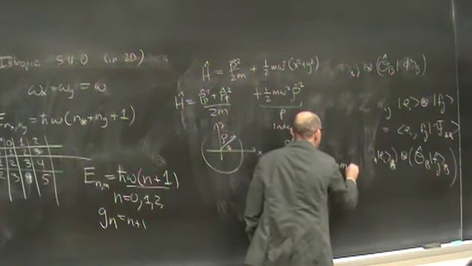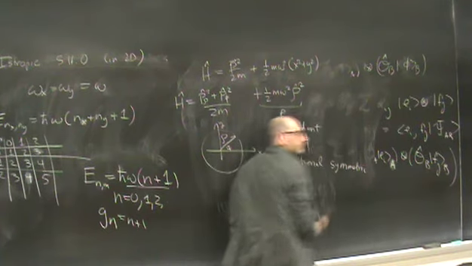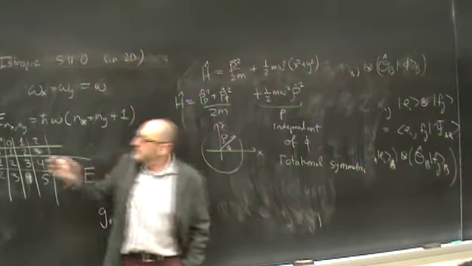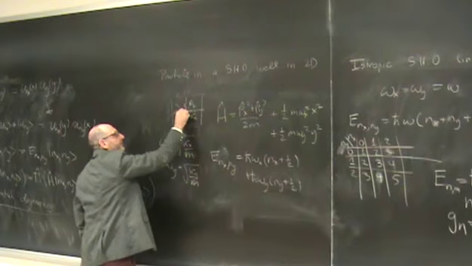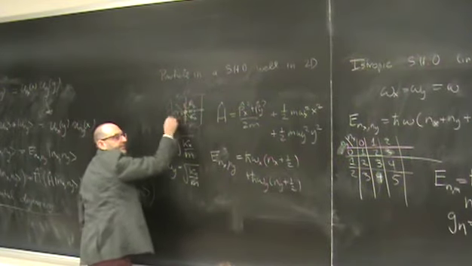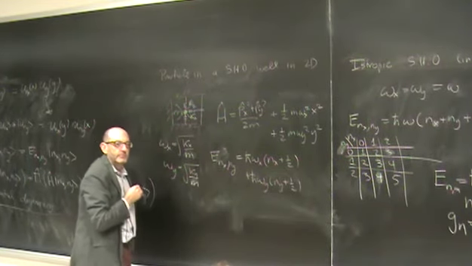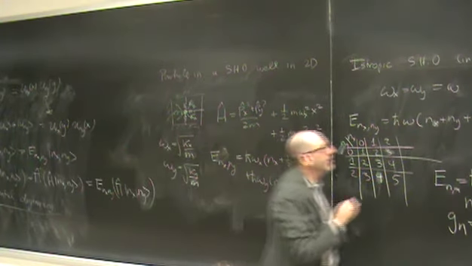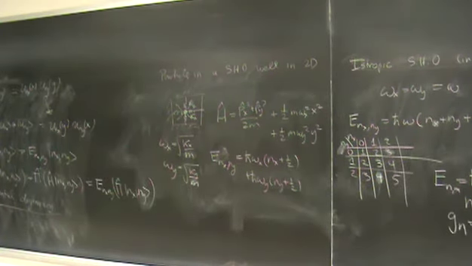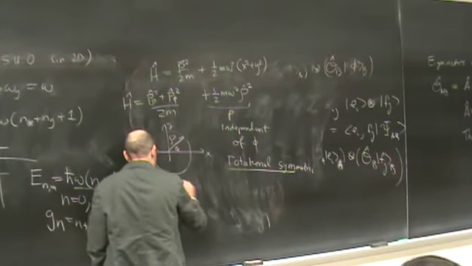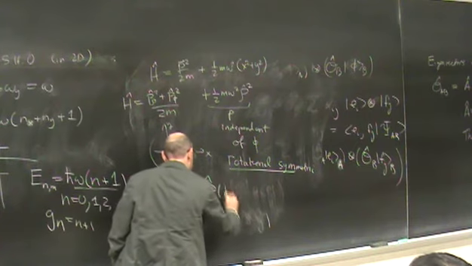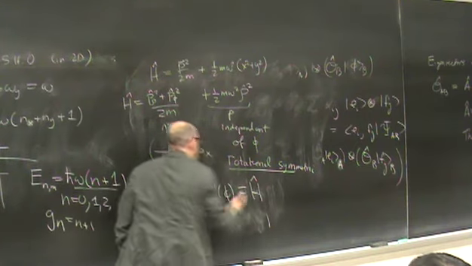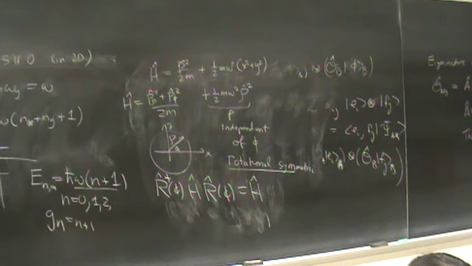It doesn't matter how much I pull it from the origin, at what angle, it sees the same force. So this has rotational symmetry. There's a rotation operator as a function of phi, and my Hamiltonian is invariant with respect to rotations around the z-axis.